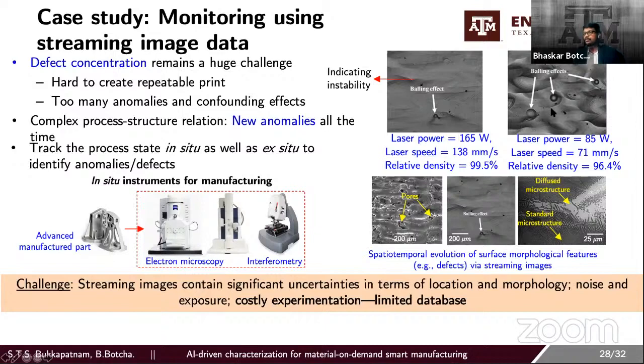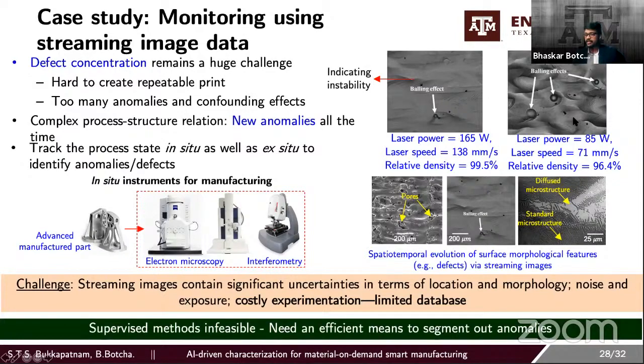Also, whenever we are looking at these images, it is evident that there is a lot of noise and exposure differences at different points of the image. And again, if we are trying to build a model where we have these images and want to correlate them to the porosity, what we need is a lot of experiments.